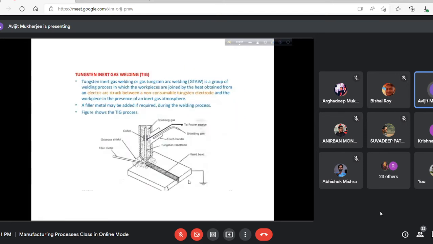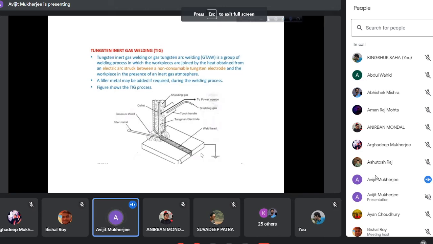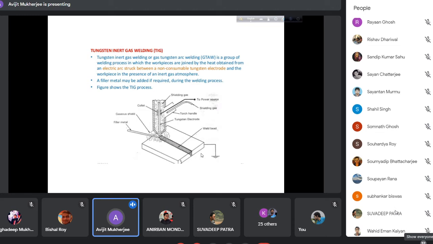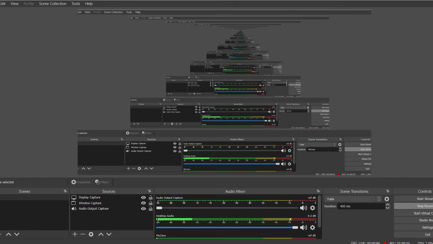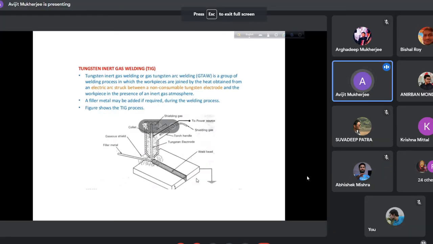Now another two, TIG and MIG, which you are also familiar with. Like carbon arc welding, these are also not that new, but still they are considered advanced welding technologies. What are the other advanced welding technologies? Laser welding, atomic hydrogen welding, electron beam welding, friction stir welding.